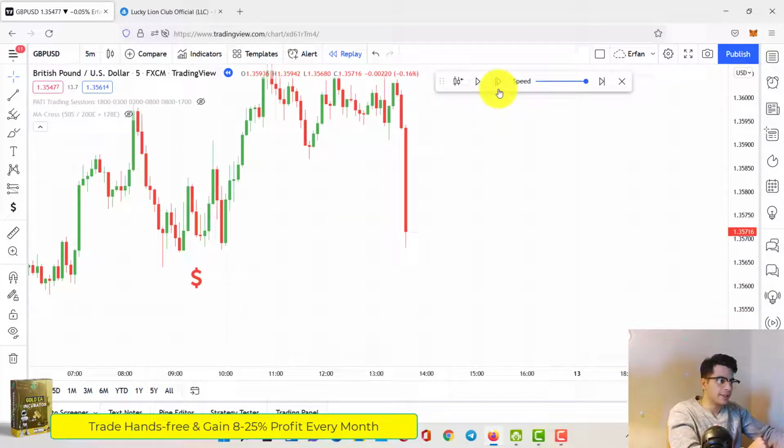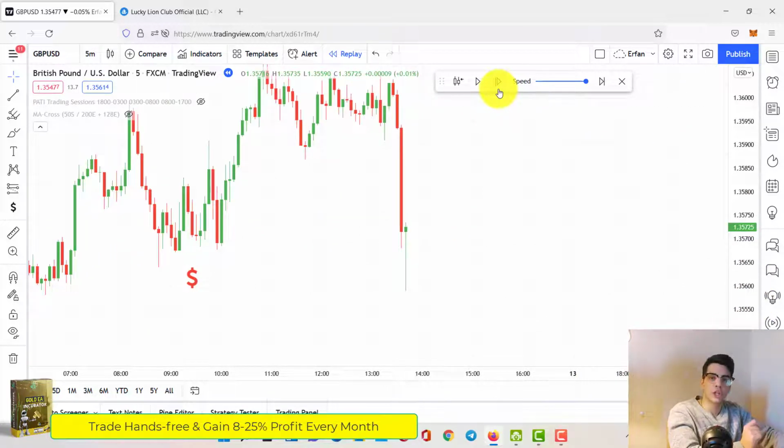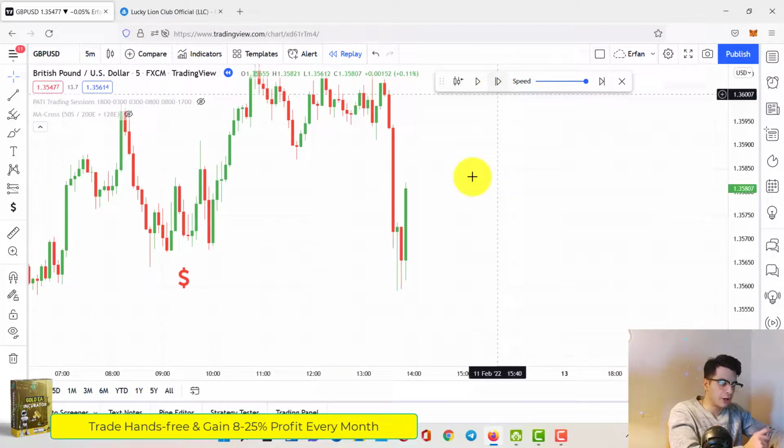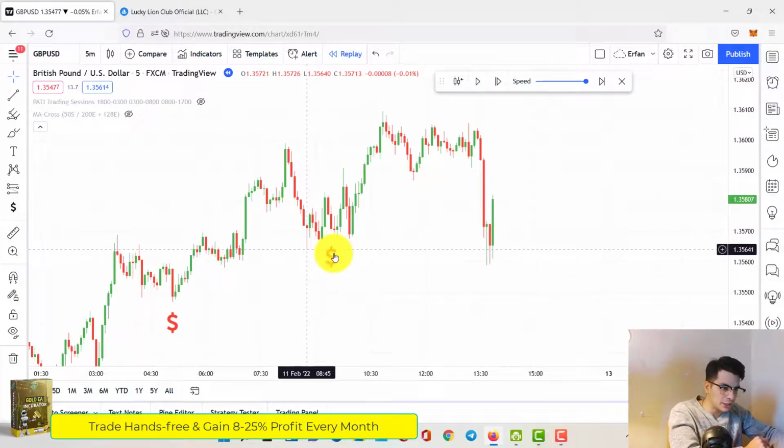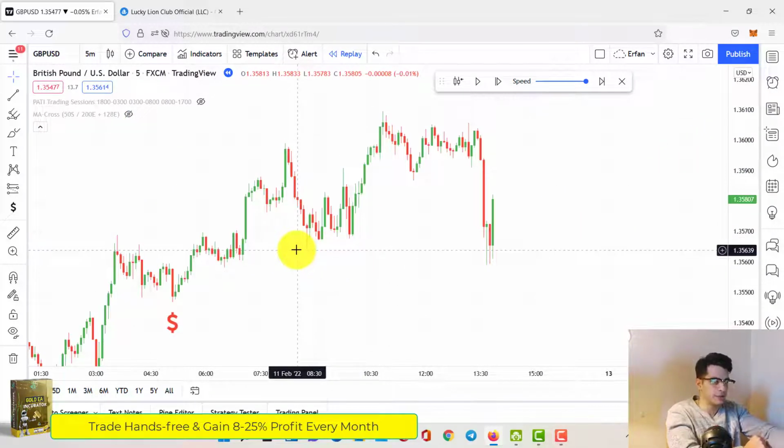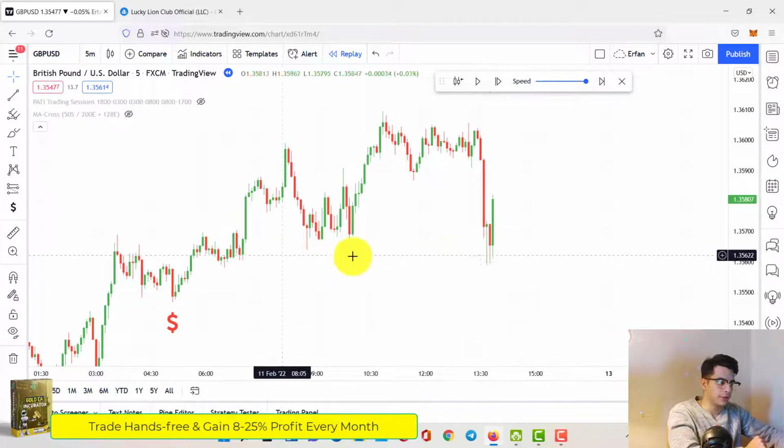So in this case, I just wait for a very good correction after a huge drop or a huge spike towards the upside. As you can see, the market is trying to do a correction, and this is what it's actually doing right now. It grabbed the liquidity around this area, because of this shadow here. This shadow shows that the liquidity around this area has been grabbed.